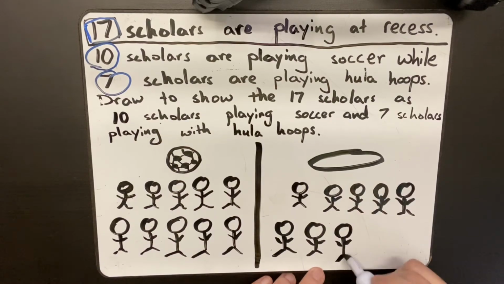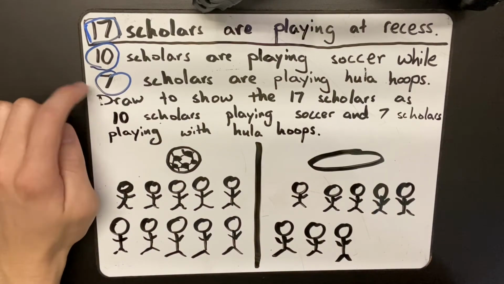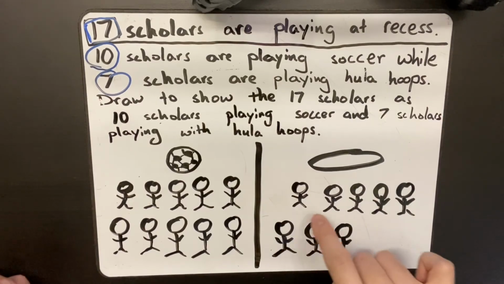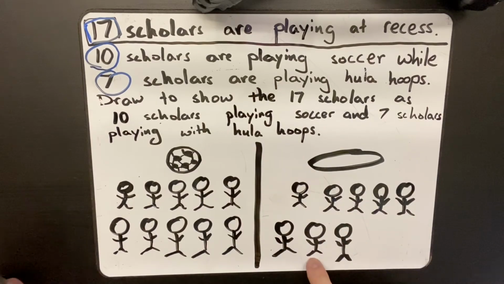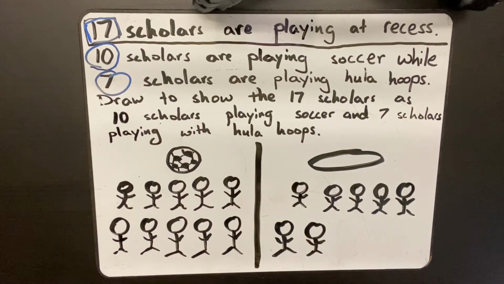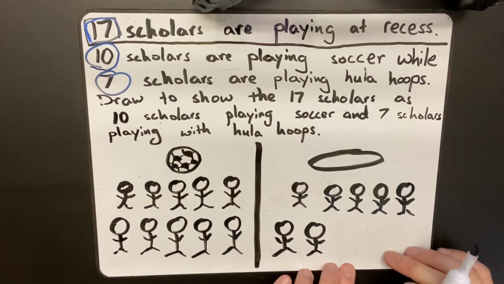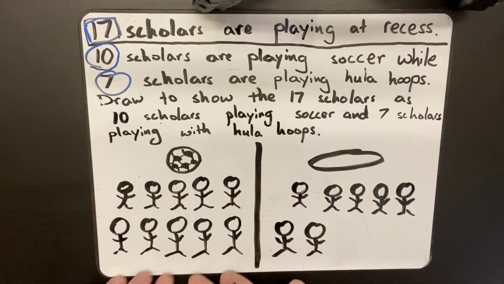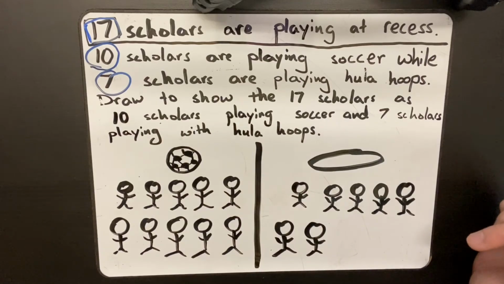Uh-oh. Wait a minute. It was 7 scholars are playing hula hoops. 1, 2, 3, 4, 5, 6, 7. Uh-oh, I drew one too many. Let me erase that. Okay. 7 scholars are playing with the hula hoop, and 10 scholars are playing with the soccer ball. And there are 17 scholars all playing at recess.